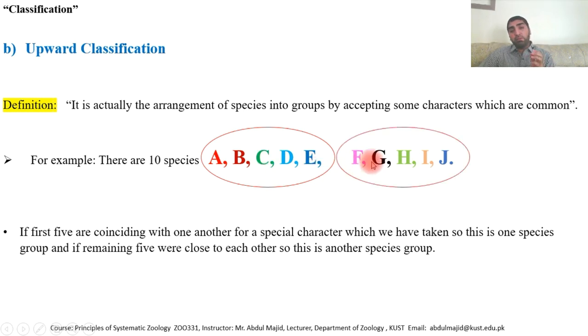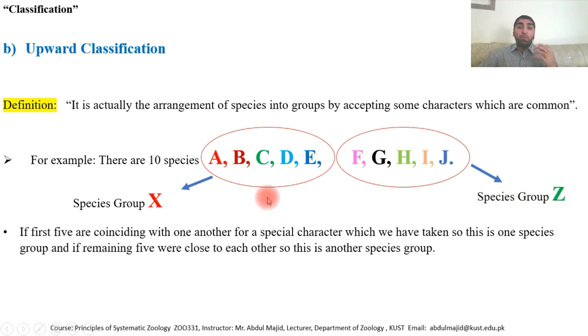And if F, G, H, I and J have certain characteristics in common, we will put them in another group. We put this one into species group X, and this one into species group Z. We accepted certain similar characteristics, and on the basis of those we placed them into groups.